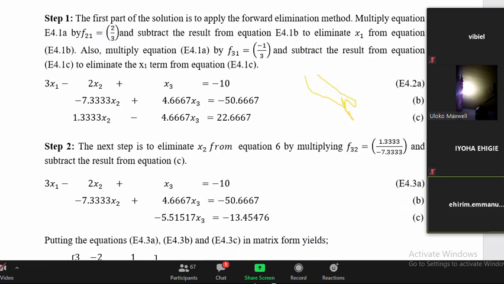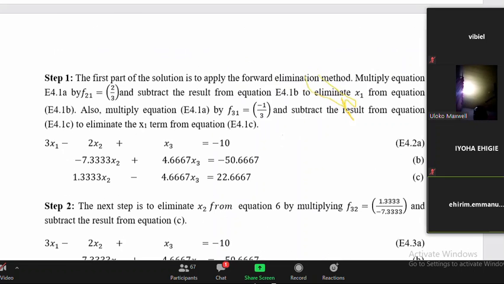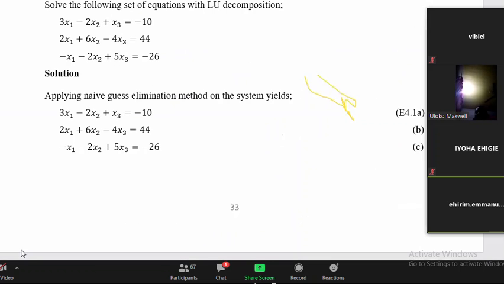Look at the factor up there, look at the equation. If you have your book, you'll be looking at the book. We are going to use the factor a21 divided by a11. That is 2 over 3. So we multiply the first equation by 2 over 3.